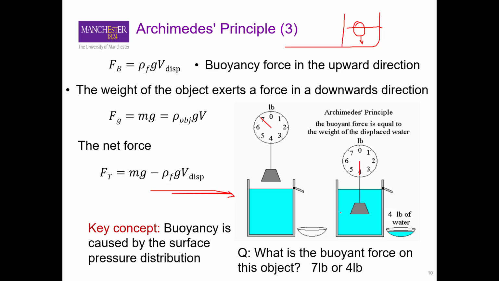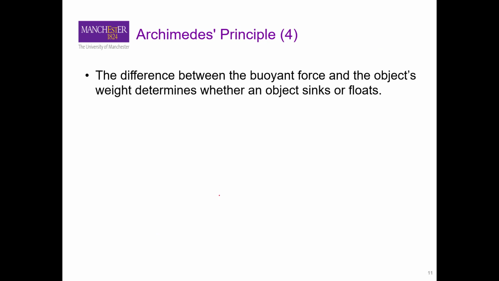And that's what the Archimedes principle explains, that the buoyant force is equal to the weight of the displaced water. And again, just to re-emphasize, the balance of these two forces, that is the buoyant force and the weight force, determines if an object sinks or floats.